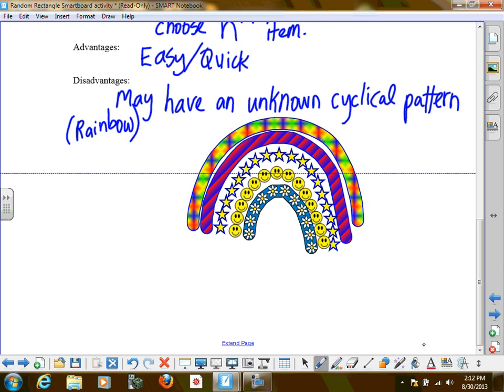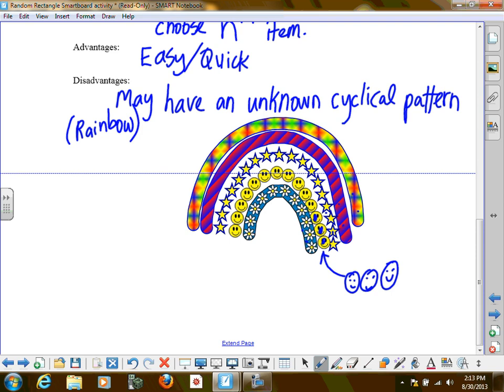Okay, so guess what? I'm going to start with a smiley face, and then I'm going to do every 5th one. Well, here I go. 1, 2, 3, 4, 5. Ta-da! Where did I end up? Smiley face. Here's the next 5. 1, 2, 3, 4, 5. Ta-da! Where did I end up? Smiley face.